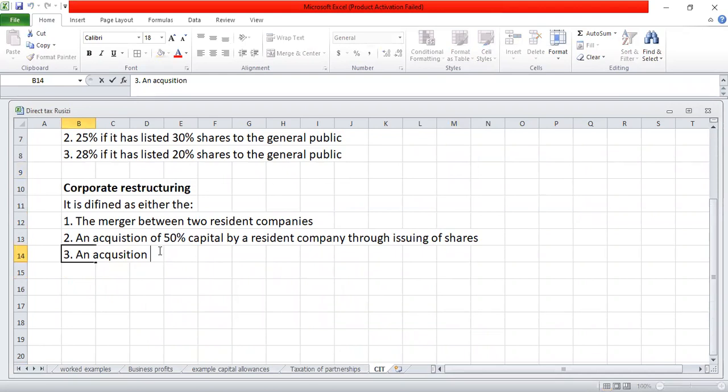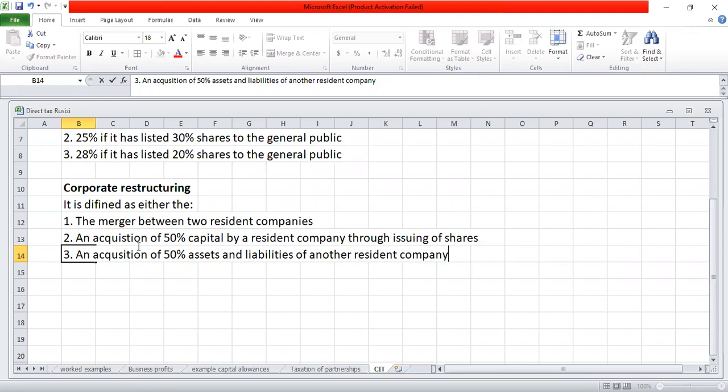An acquisition of 50% of assets and liabilities of another resident company. So it acquires more than 50% of assets and liabilities of another resident company. That one is also a corporate restructuring.